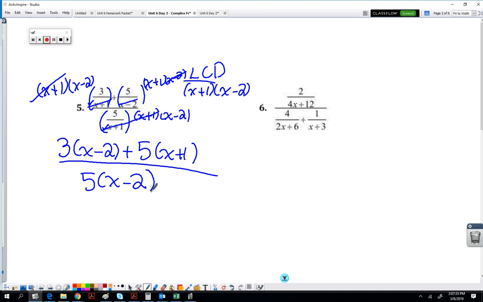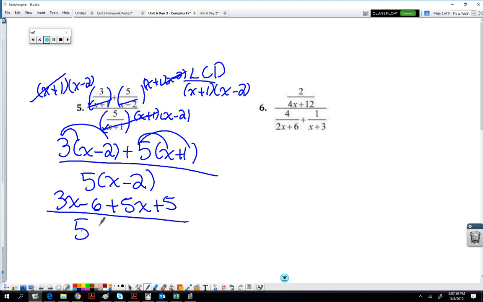So I am only going to simplify my top. I'm going to keep my bottom just like this. So I'm going to simplify my top by distributing: 3x minus 6 plus 5x plus 5 all over my denominator. And now I get to combine like terms.